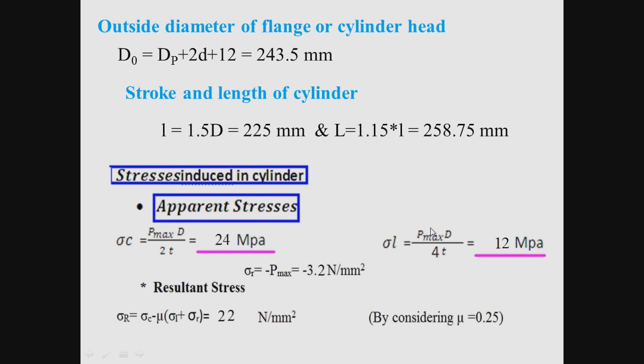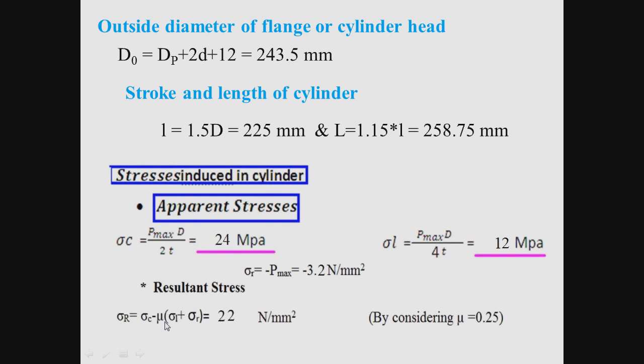So if you substitute, sigma c will be 24 MPa. Sigma L, the longitudinal stress, is p max into D by 4t. If you substitute all the values, sigma L is equal to 12 MPa. Next is radial stress, which is equal to minus p max, minus 3.2 Newton per mm square.